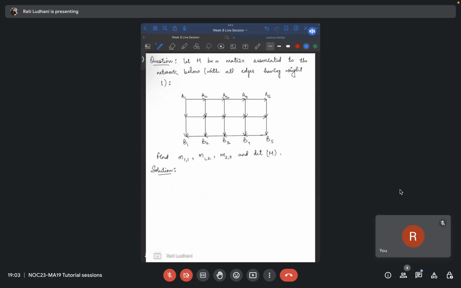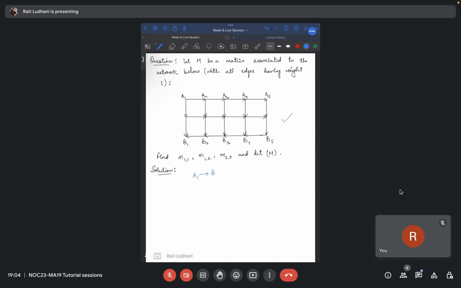Let M be a matrix associated to the network below. Now this is your network, and again with all edges having weight 1, find M11, M12, M24 and determinant of M. So we need to calculate these MIJs. So let's see, what do we have. Again, what you need to see is what is A1 to B1.